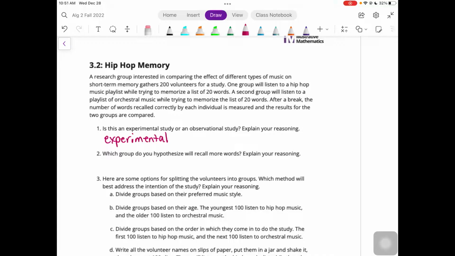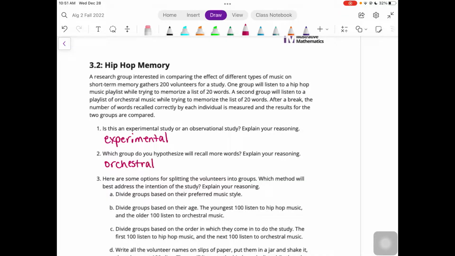Let's see. Which group do you hypothesize will recall more words? Explain your reasoning. I would say probably the orchestral, personally. And without doing the experiment, we would really not know.